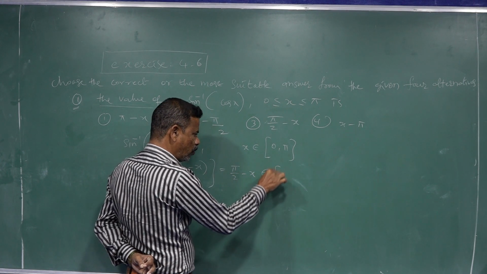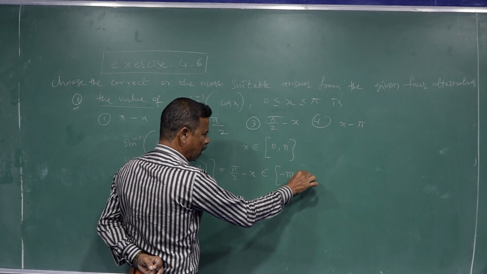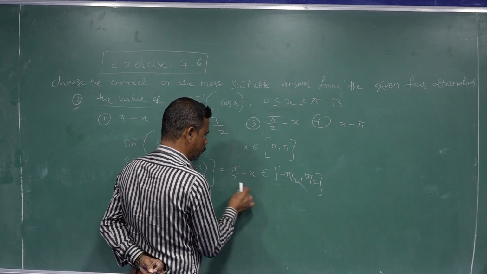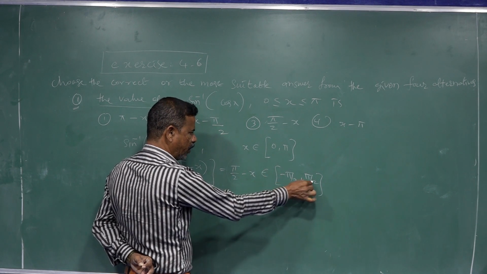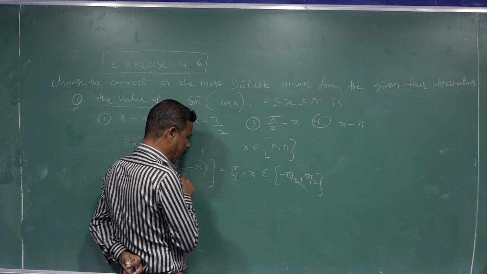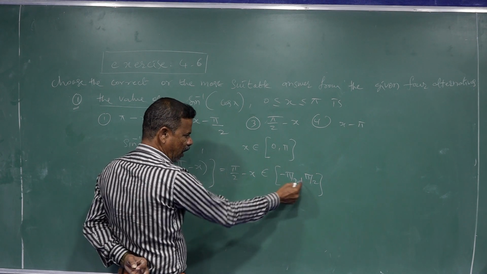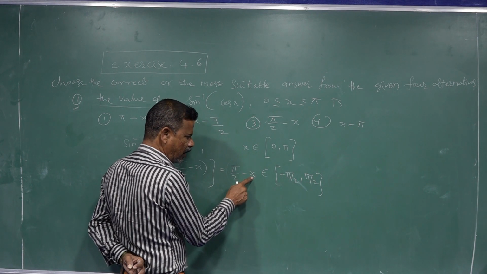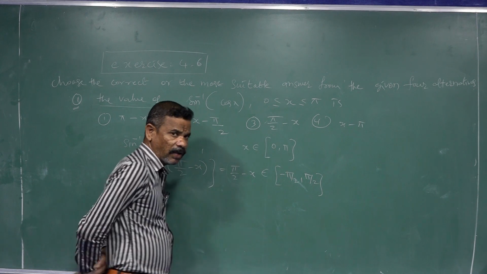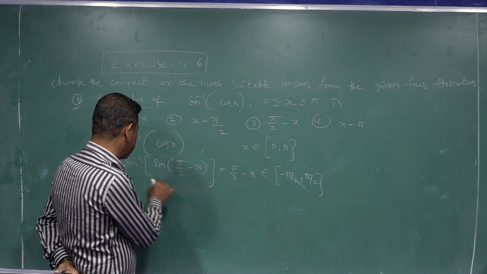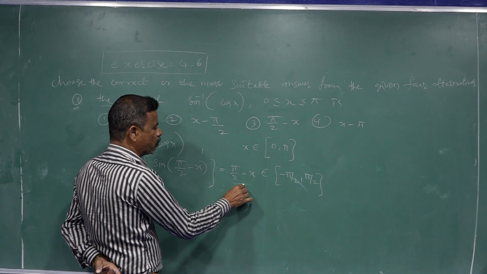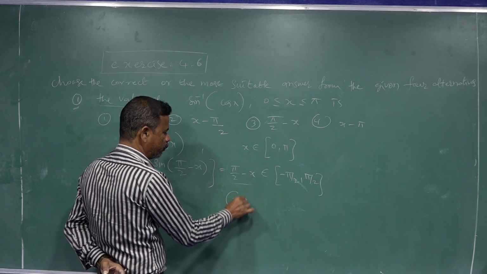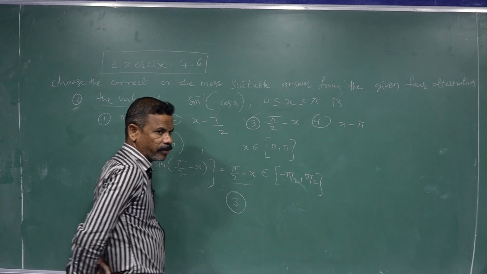This belongs to minus 90 to plus 90. 5 by 2 minus x always lies between minus 90 to plus 90. That's why it is cancelled here. Any value you substitute in this interval is coming. That's why sin inverse of sin is cancelled. It is equal to 5 by 2 minus x. Which option? Third option. The third option is the right answer.